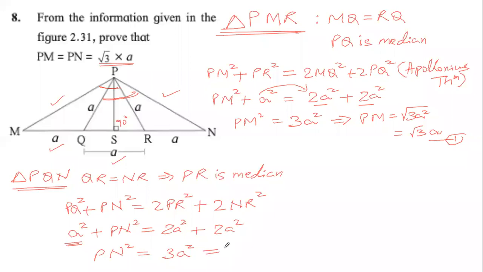And when we take the square root on both sides, PN will be equal to square root of 3a square. So this becomes root 3 a. Now you can say from 1 and 2, PM equals PN equals root 3 a.